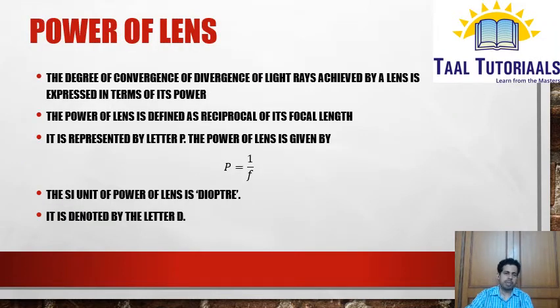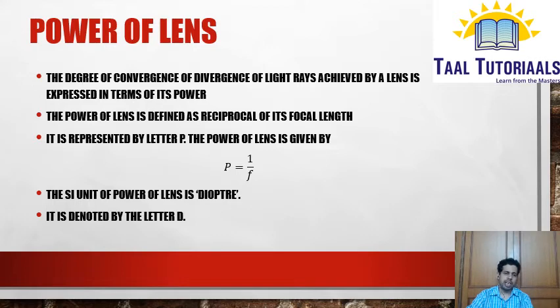Next, the last concept of this lecture, that is power of a lens. The degree of convergence or divergence of light rays achieved by a lens is expressed in terms of its power. We already studied converging and diverging lenses: the convex lens converges the light, and the concave lens diverges the light.